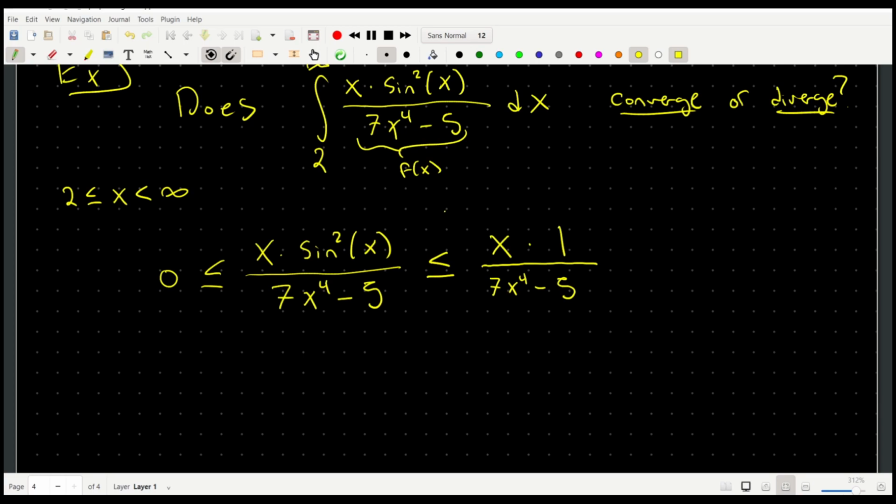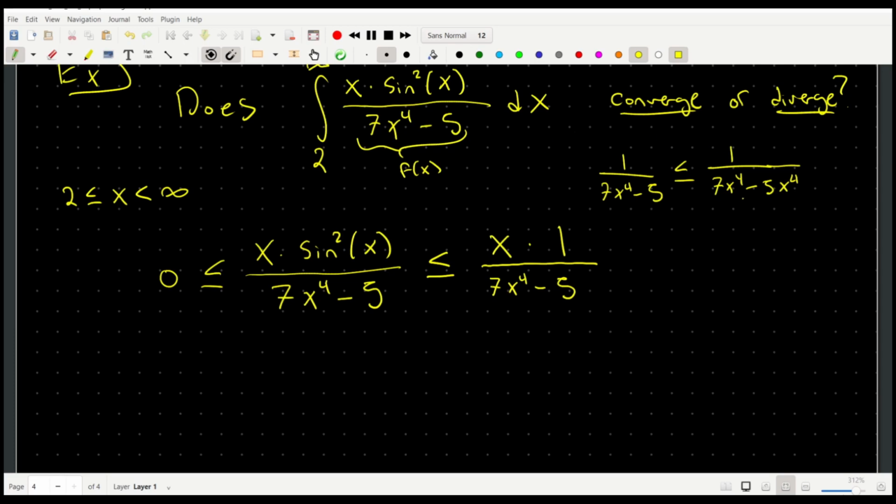Furthermore, for values of x in this domain, we know that 1 over 7x to the fourth minus 5 will always be less than or equal to 1 over 7x to the fourth minus 5x to the fourth, because 7x to the fourth minus 5x to the fourth will always be a smaller number than 7x to the fourth minus 5.